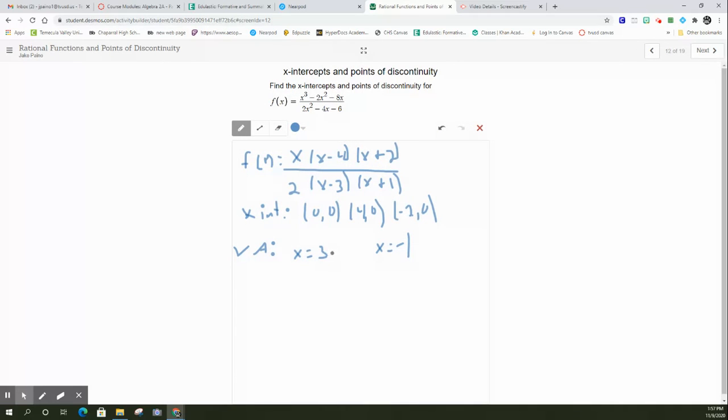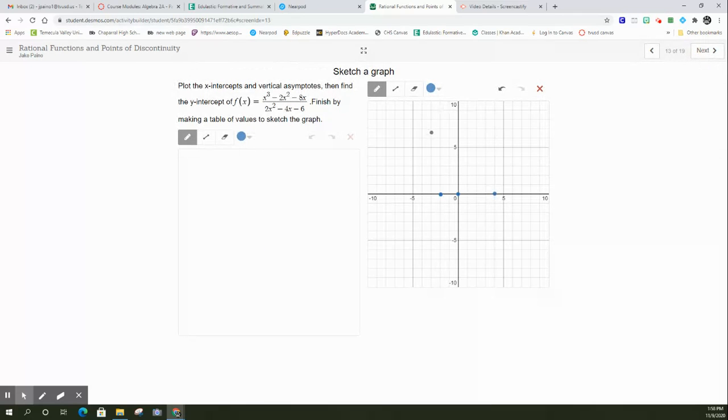And then my vertical asymptotes were positive 3 and -1. So I'm going to draw a vertical asymptote at -1, just a dashed line, and then at positive 3.